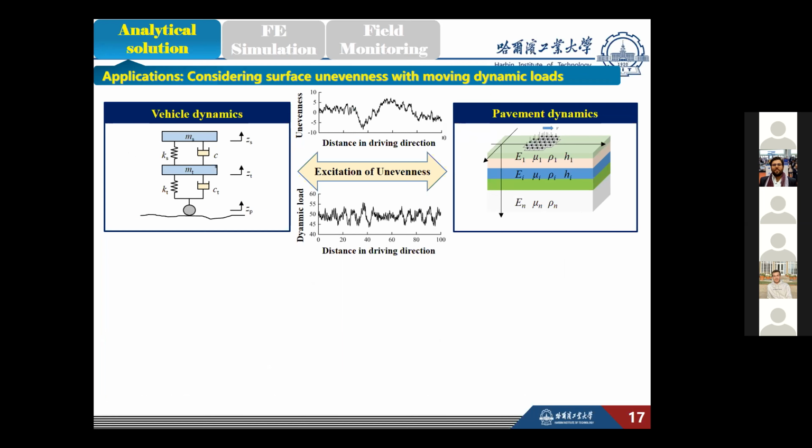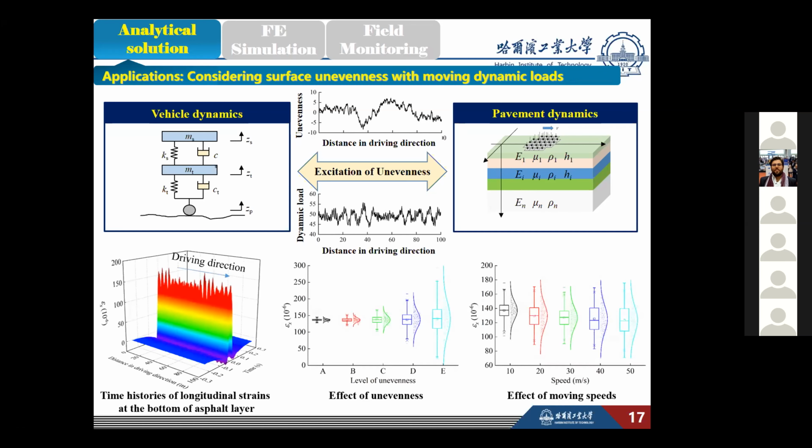The second application is considering surface unevenness and moving dynamic load. In this case, vehicle dynamics and pavement dynamics are reflected by the changing amplitudes of moving load due to the road unevenness. Taking a quarter model of a truck as an example, the left figure shows the time history of longitudinal strains at the bottom of asphalt layers along the driving direction.